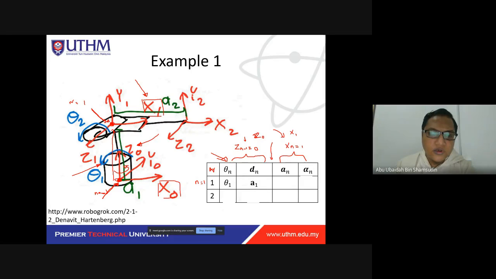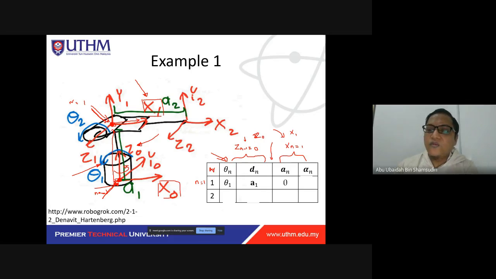We move so that this point here is the same or parallel with this point here. Currently these two points are at the same place. We don't need any movement on the axis of x1. So the value of a is 0.